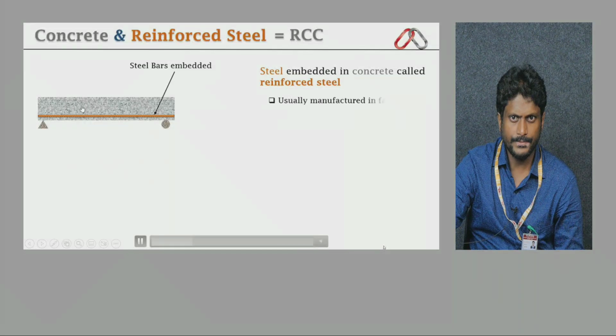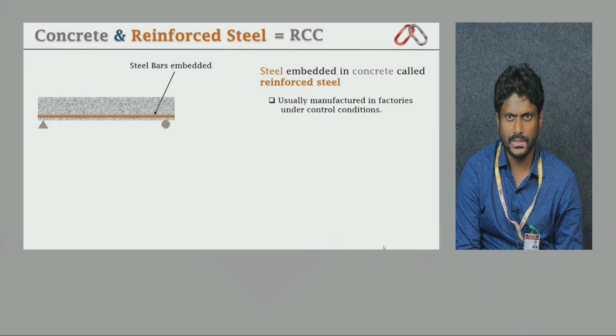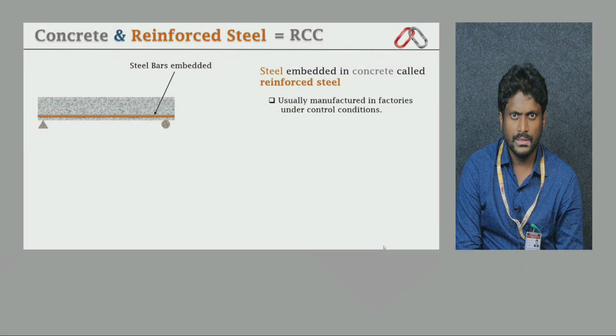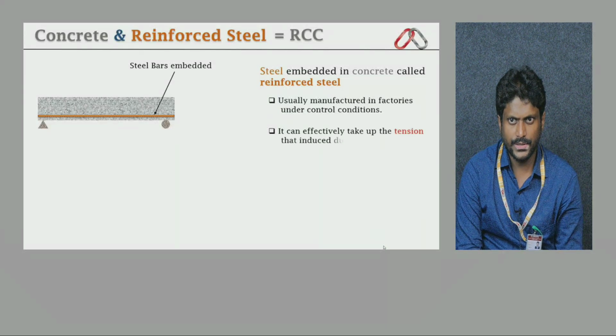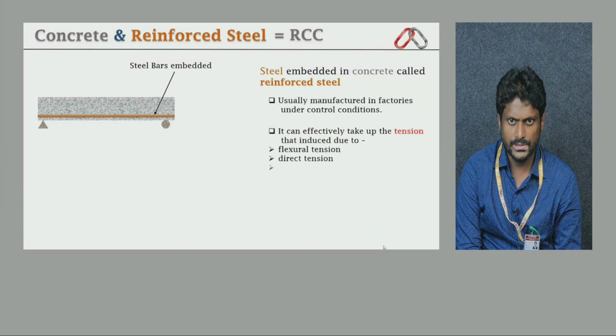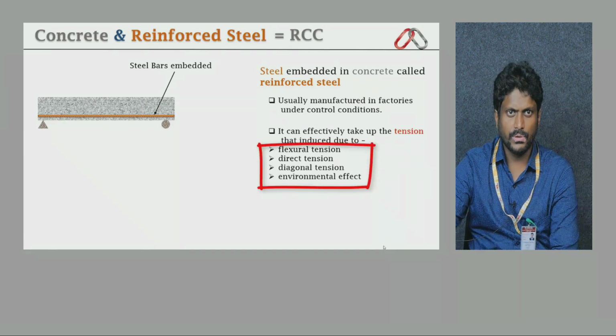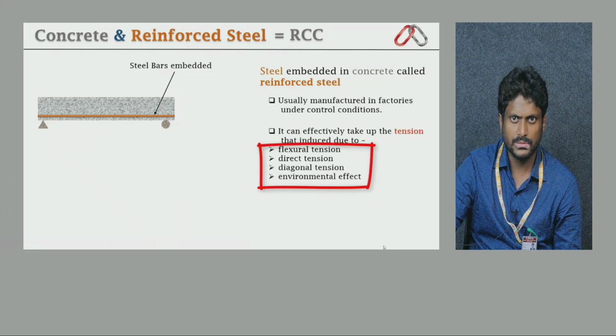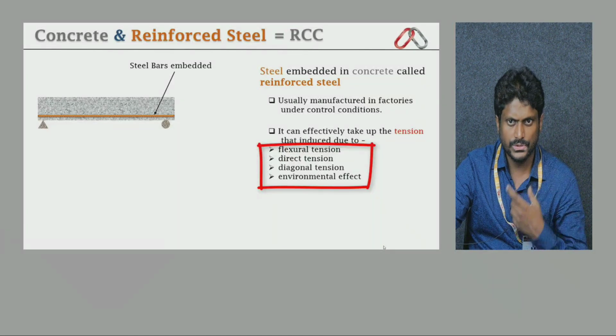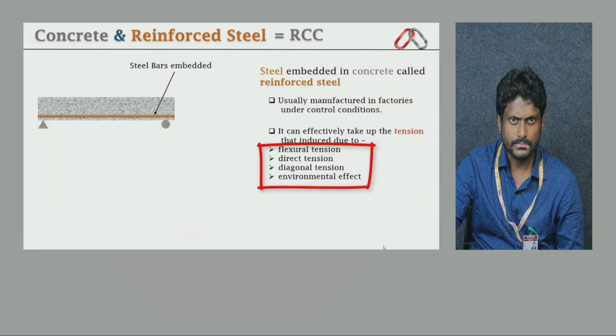Usually manufactured in factories under controlled conditions, this steel can effectively take up the tension induced due to flexural tension, direct tension, diagonal tension, environmental effects, and so on. So these points are very important when you look at reinforcing steel.